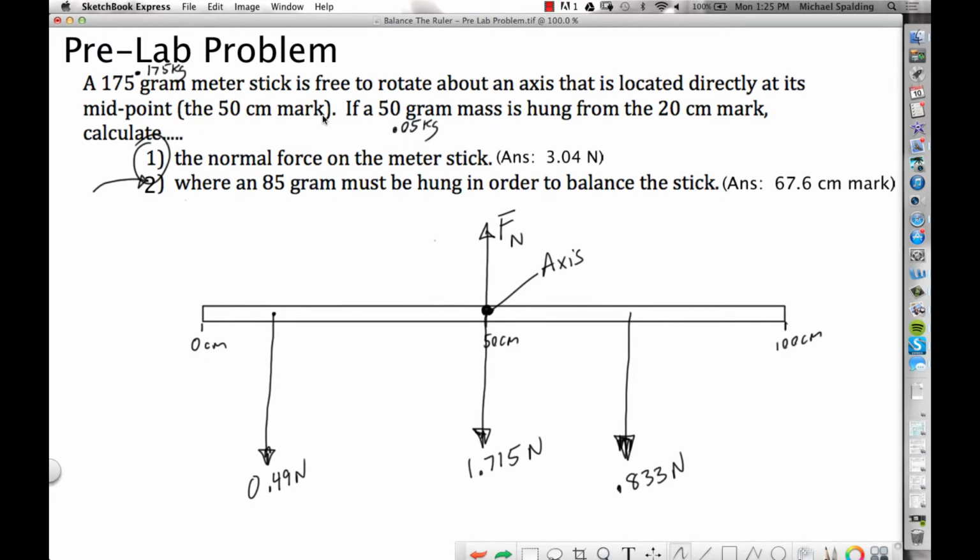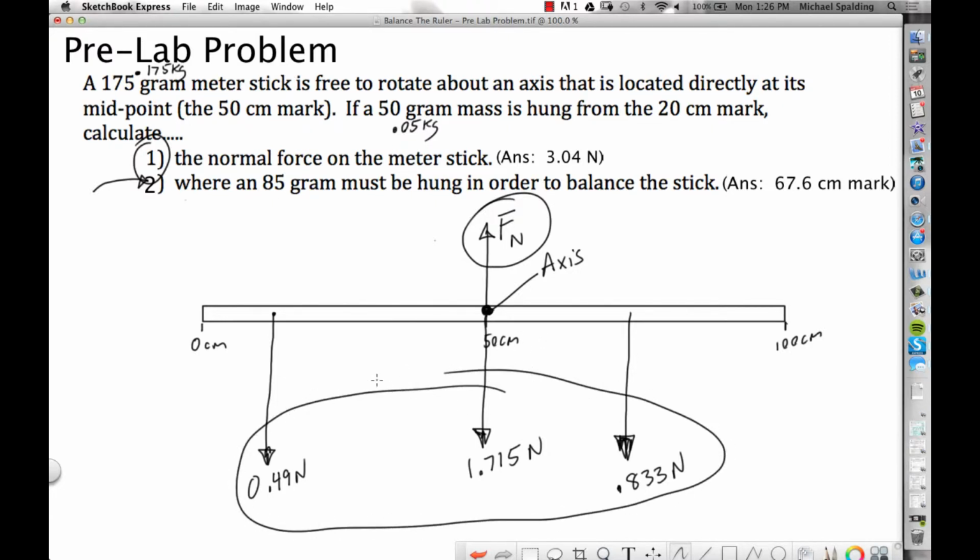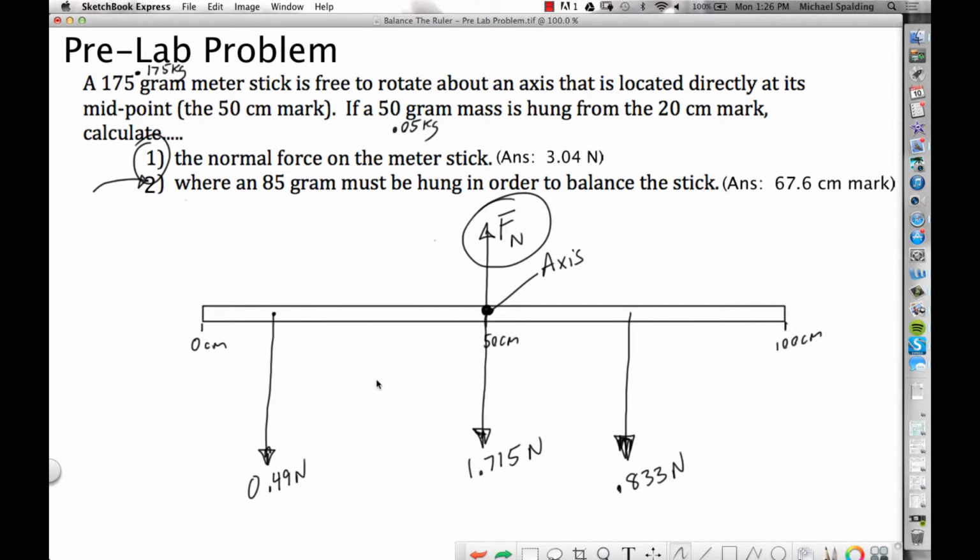So how are we going to solve for the normal force? To find the normal force, we look at the situation, and what has to be true? The upward normal force must be equal to the 3 down forces, right? The total up force must equal the total down force. Does that make sense? 3.038. So you sum the forces.